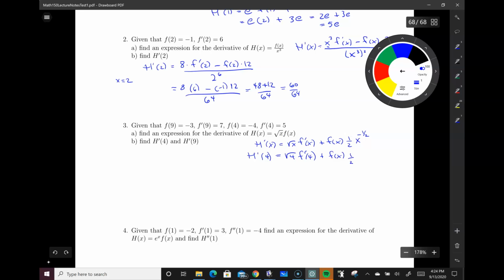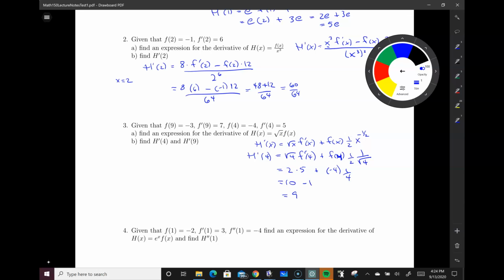So I'm going to rewrite this and put this x to the negative 1/2 in the denominator and put the 4 in. So this gives me 2 times a 5 plus, oops, I meant to put a 4 in there, didn't I? Okay. And then f of 4 gives me a negative 4, and this gives me 1/4. So I get 10 minus 1, so that just gives me a 9.